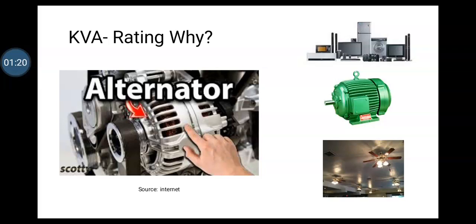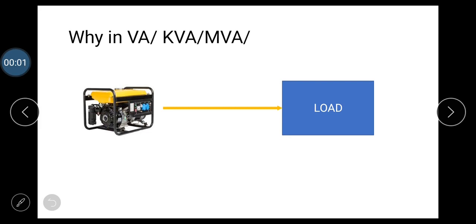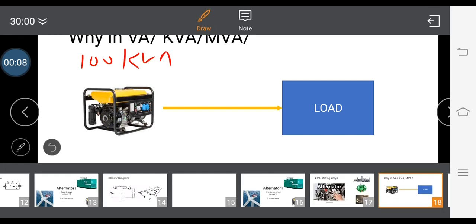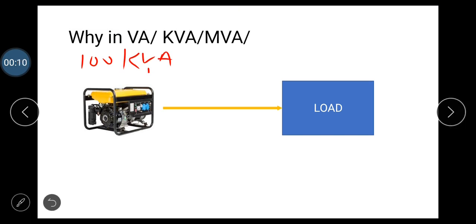So now assume this generator has a 100 kVA power rating. 1 kV is the voltage rating and 100 amps is the maximum current rating.